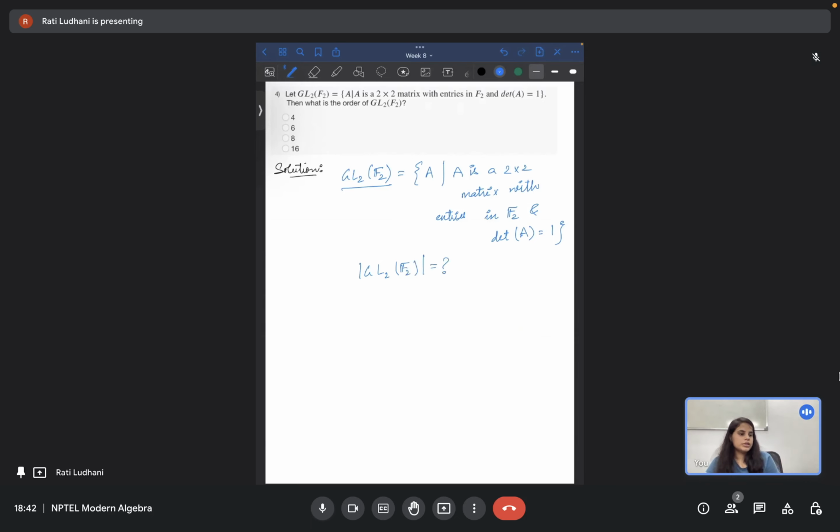Let's see if we can figure it out. This is a very standard group, the general linear group. Actually, from the definition, it is always without the determinant condition, and with it, it is the special linear group, but whatever is given is fine, it's like a definition here.